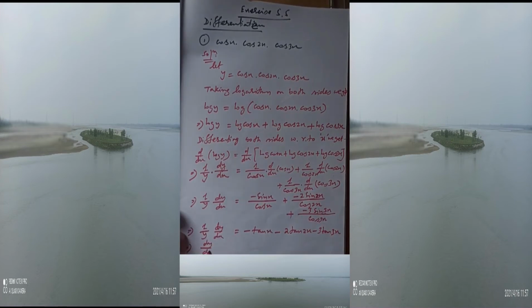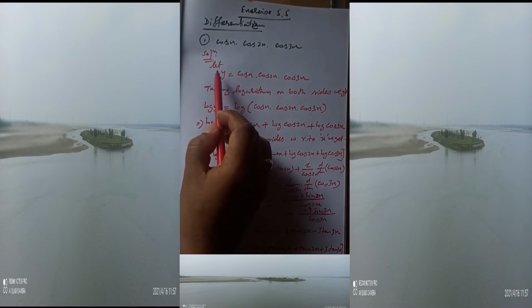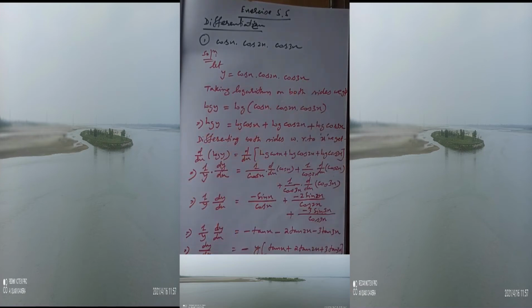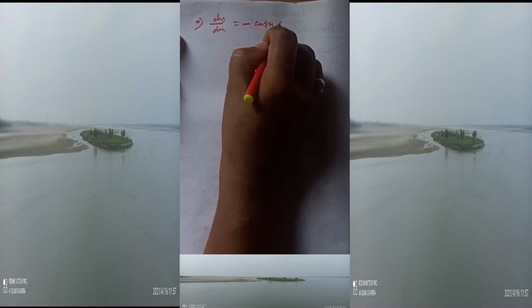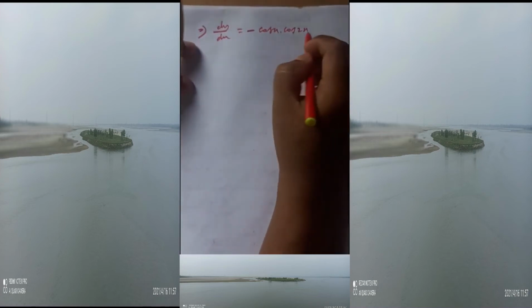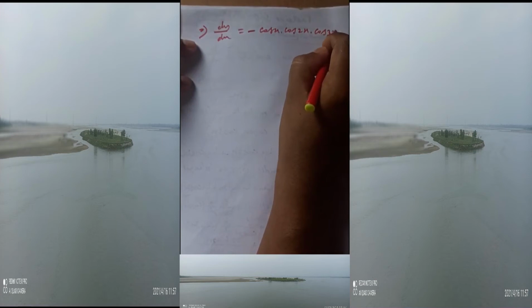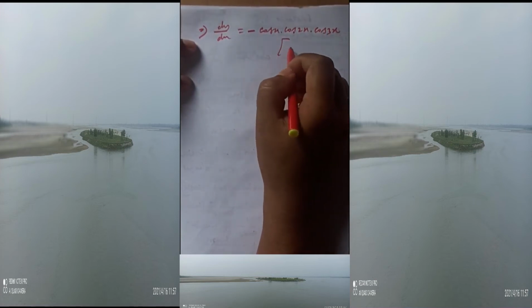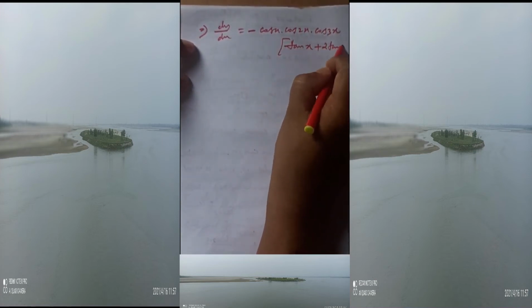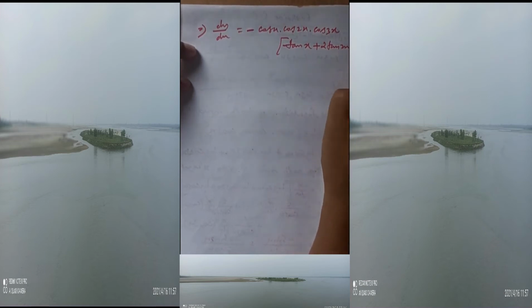That means dy by dx will be y times that. Now one more step we have to write: in place of y, that y that we have taken, we have to write cos x cos 2x cos 3x within brackets. So this is the final answer.